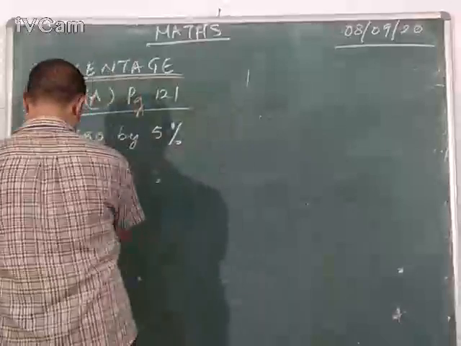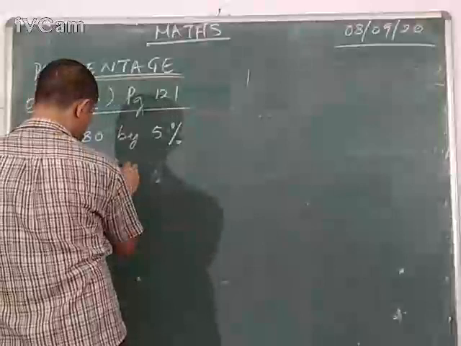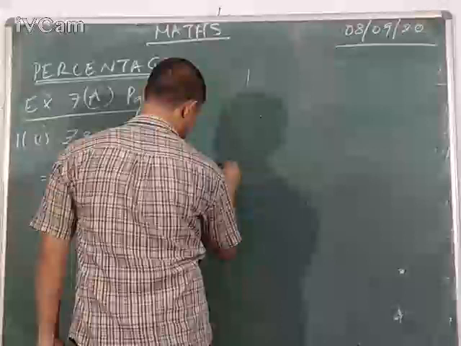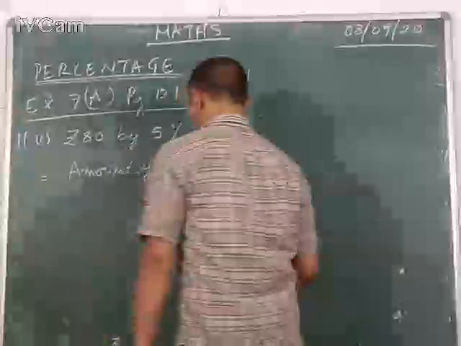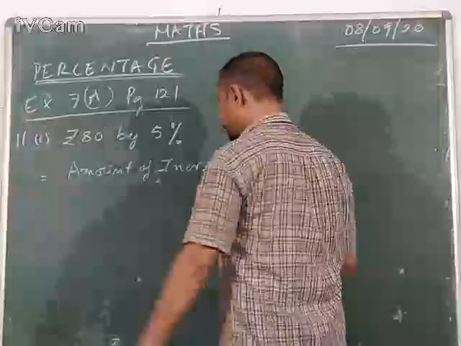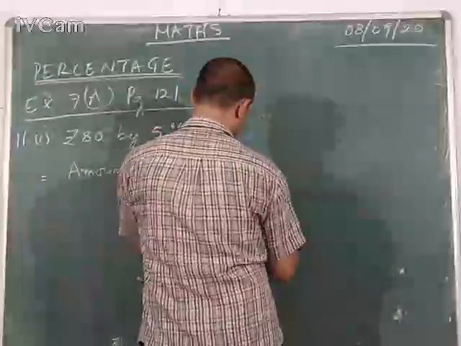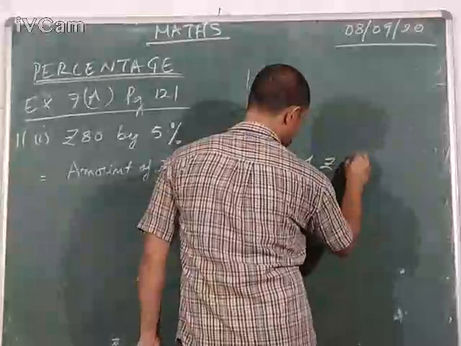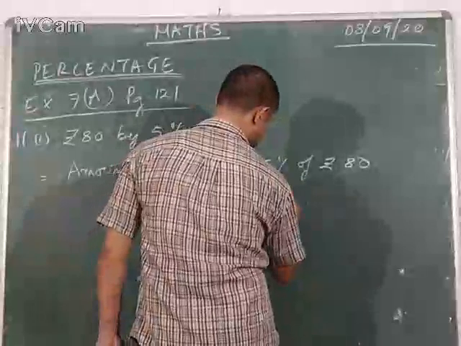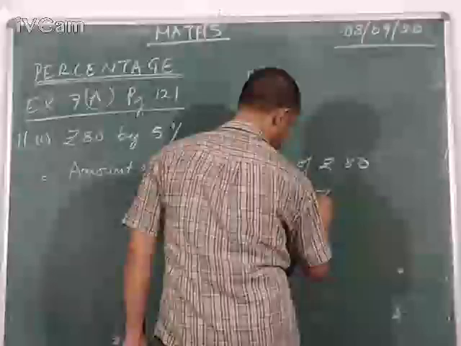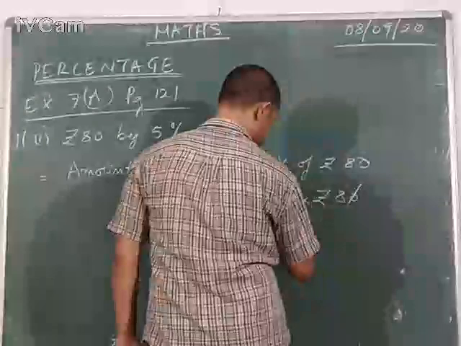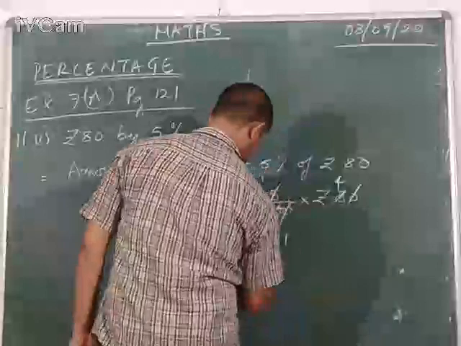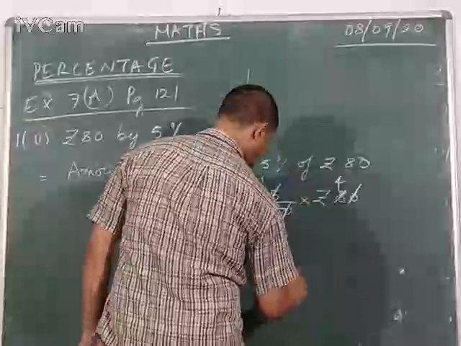The amount of increase is 5% of 80. That means 5 upon 100 into rupees 80. So that is rupees 4.